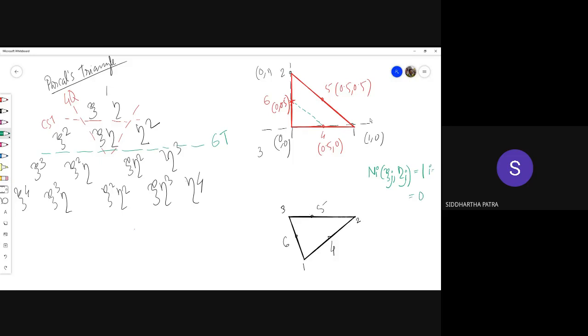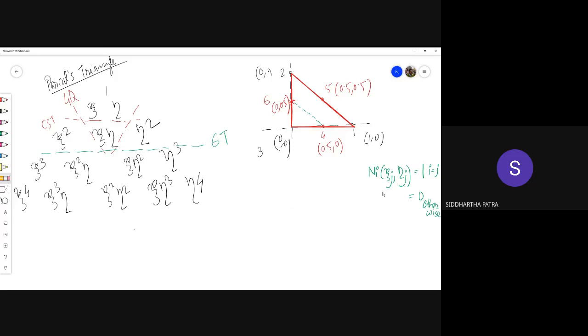So if i equals j, it is 1, and if it is not the case, then it would be 0. That is the criterion for choosing shape functions.